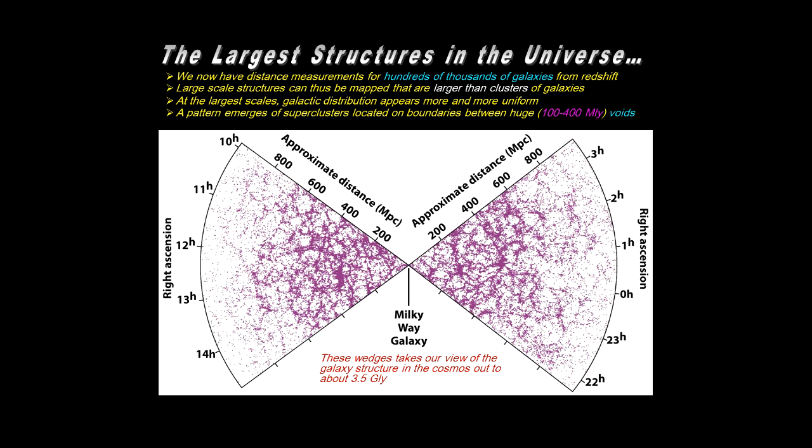And actually a pattern emerges where we have superclusters that reside on the edges of these great voids. We have kind of a sponge-like pattern of superclusters surrounding voids that are about 100 to 400 million light years in extent. So that's our current picture of the overall structure of the galaxies in our universe.